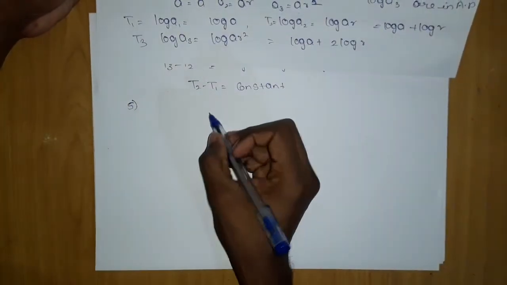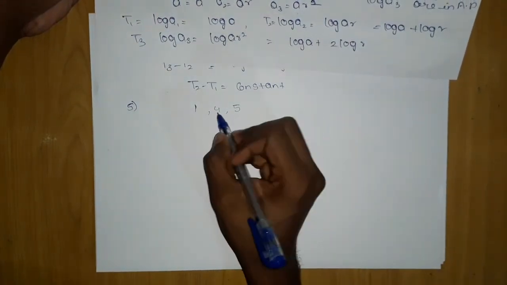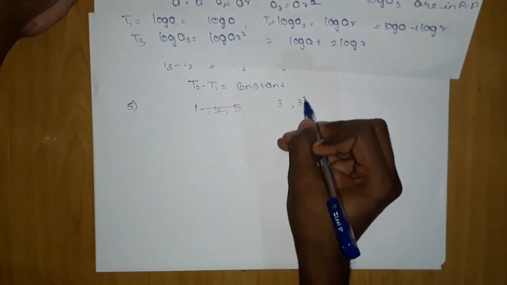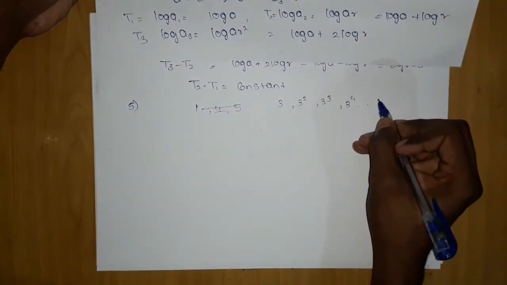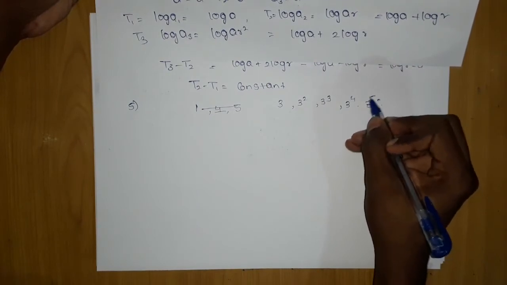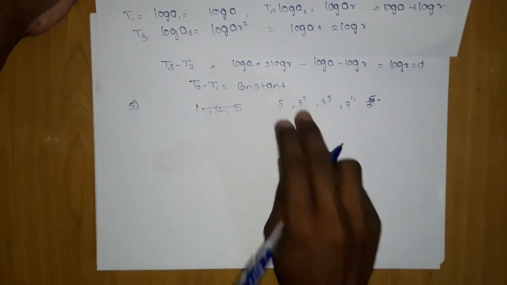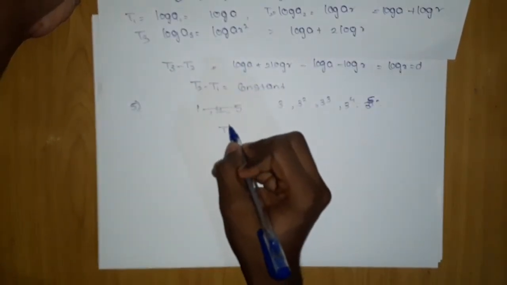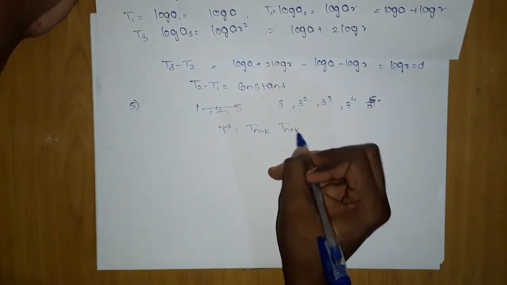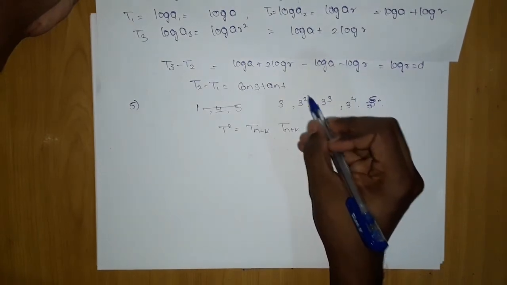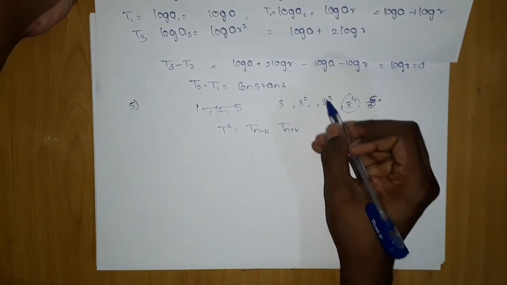Now the fifth property. If I say 1, 4 like that, I don't mean that these terms are in GP. Let me take the GP 3 square, 3 cube, 3 power 4, 3 power 5. This is the basic GP. This property tells that T square is nothing but T(n minus k) times T(n plus k). If I take the third term, 3 minus 1 and 3 plus 1, the product gives me this term.